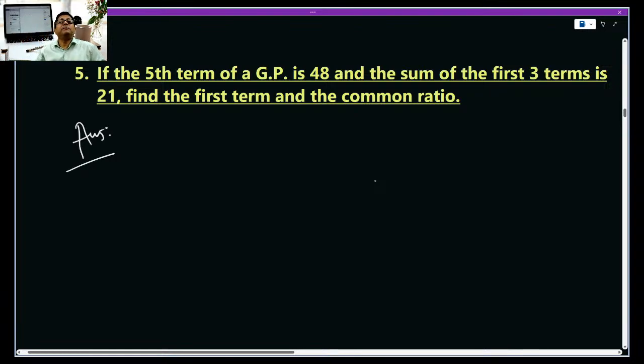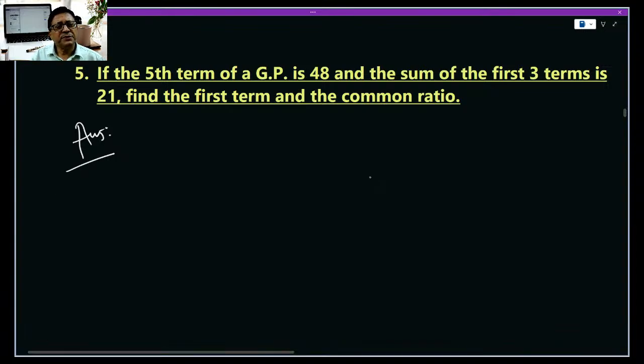See, fifth term of a GP is 48, sum of the first three terms is 21. Find the first term and the common ratio. What will you do? This is not infinite GP, and that special way we have considered GP, A by R, A, AR like that, is when product of terms is given. Here product is not given. So you have the right to consider it the way you like.